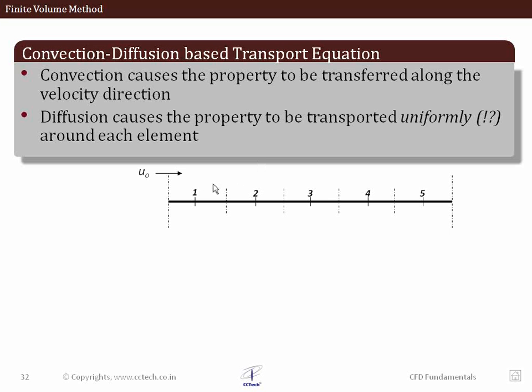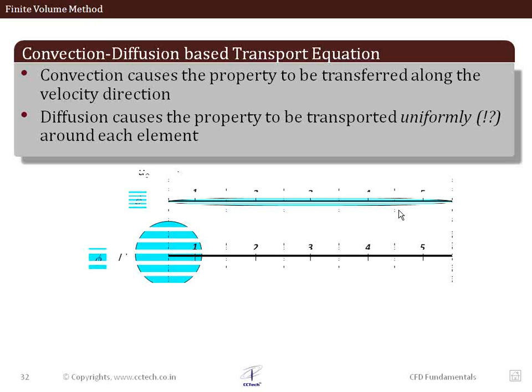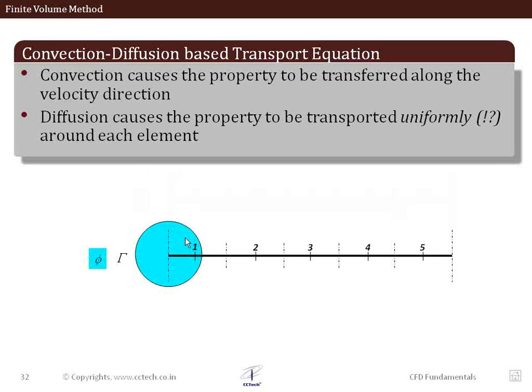In reality, any fluid, if its convection term or the advection term is dominant, what it means is any property phi is completely convected by the velocity field. On the other hand, if it is a purely diffusional flow, there is no velocity field driving the fluid, in that case it purely gets diffused without any convection effects.